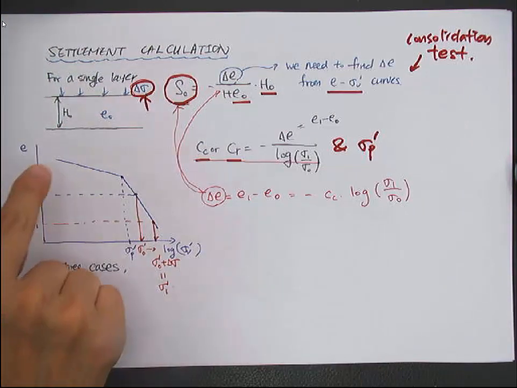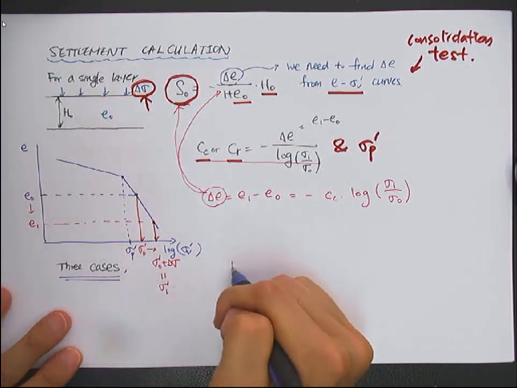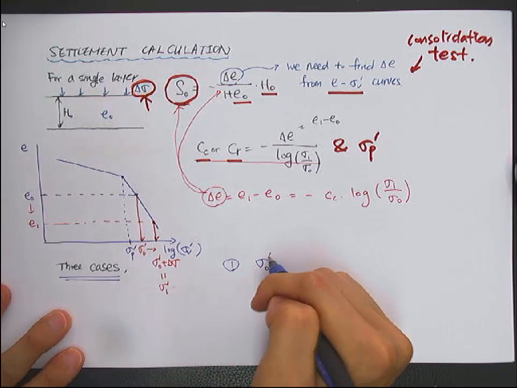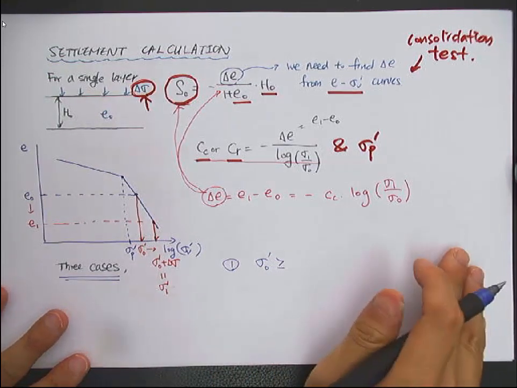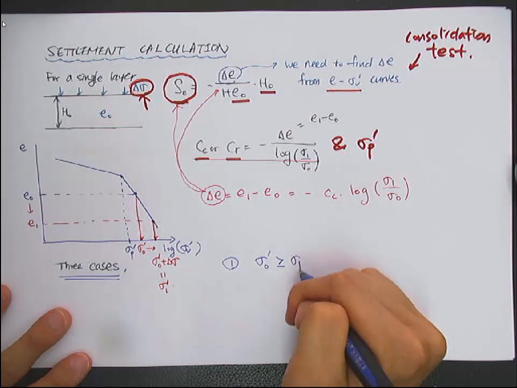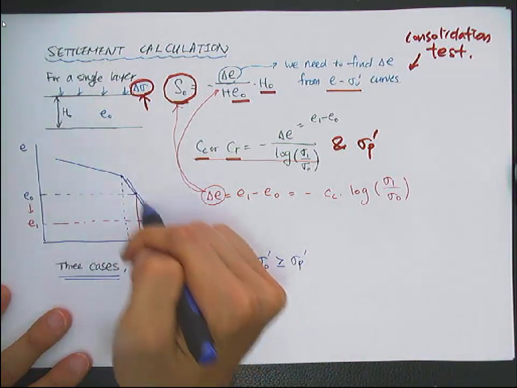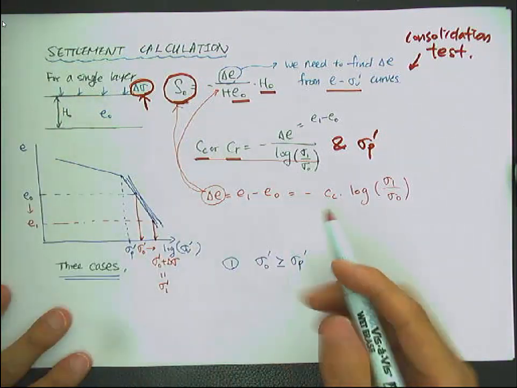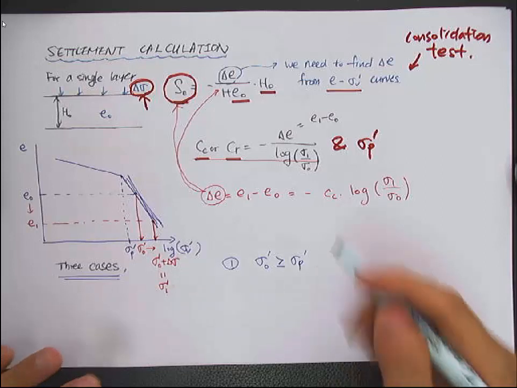But as you can see from this bilinear curve, there could be three cases. One, the current vertical effective stress is larger than or the same as sigma p prime. So the settlement occurs in this region. In this case, it's called the normally consolidated clay.